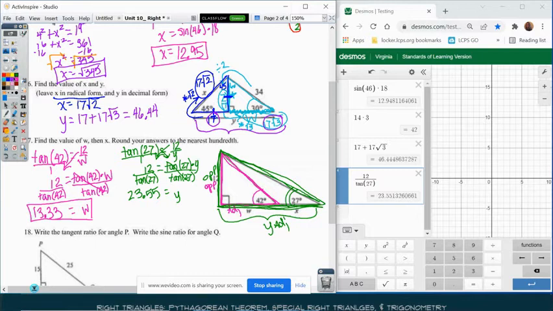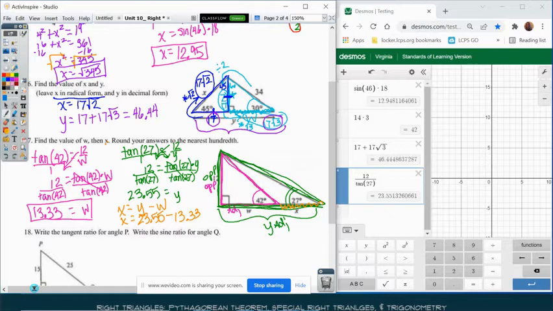Now, how does that help us get to the x that we are asked for? Well, notice x is only a portion of that. To find x, we've got to take y and subtract the w value. So my y value of 23.55 needs to subtract that w that we solved for as 13.33.